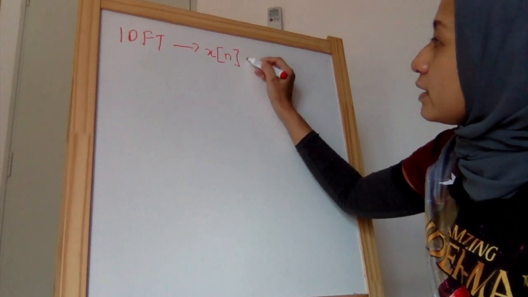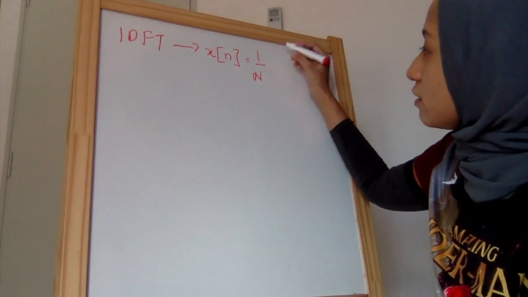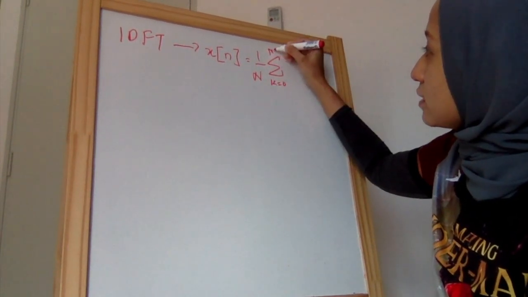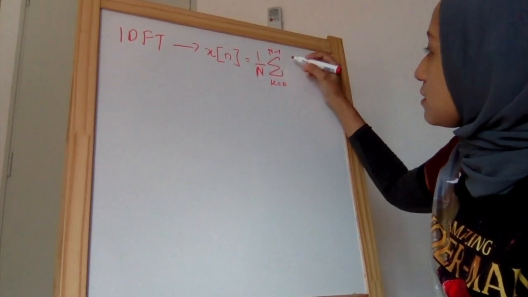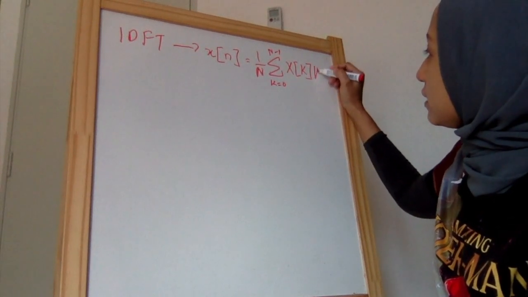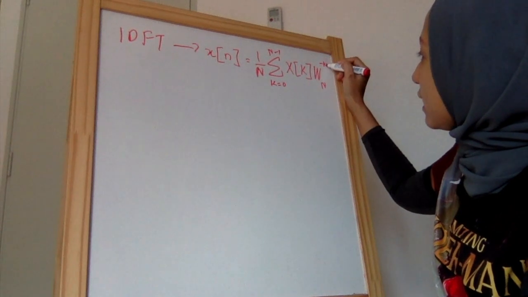So how to find your Sn? You need to use this equation: 1 over N, sum over k from 0 to N minus 1, where this is N. So you have Xk, and now here we have W_N to the minus kn.